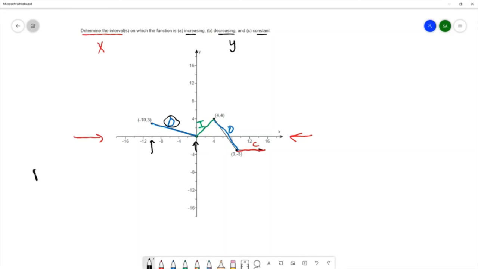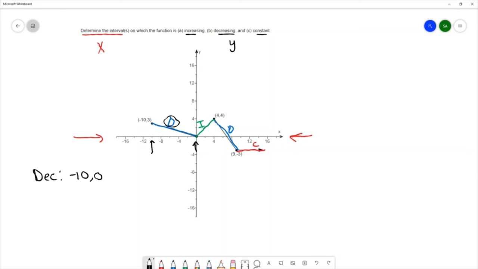So we're going to say that it's decreasing on the interval from, let's see, that looks like -10, and that decreasing interval stops at 0. Now, I'm either going to put parentheses or brackets on these intervals.